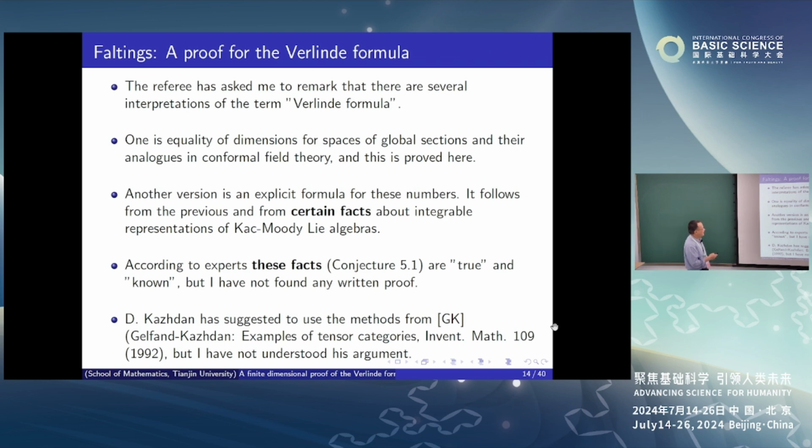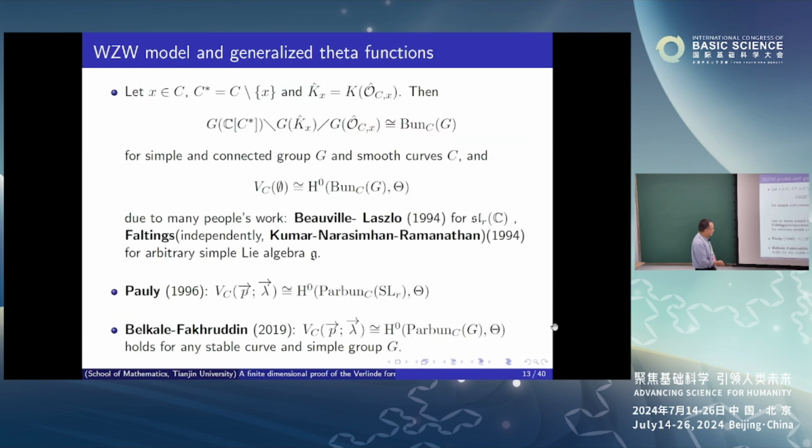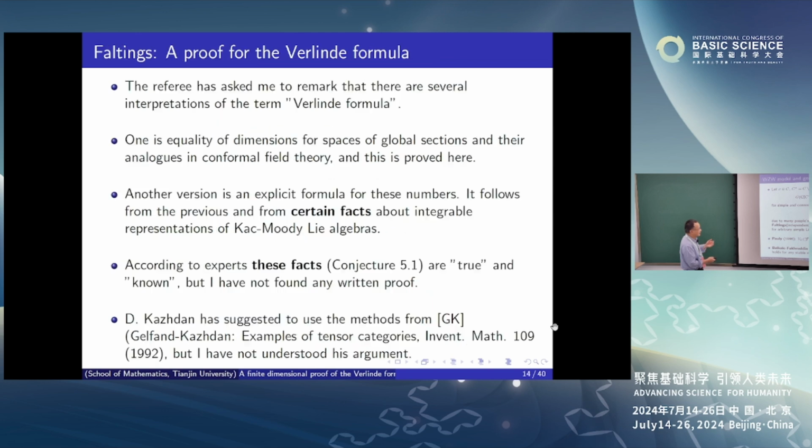The referee asked him to remark that there are several interpretations of the term Verlinde formula. One is the equality of the dimension for the space of global sections with the analog in conformal field theory. He proved this identification, and he said this is one interpretation of the Verlinde formula.